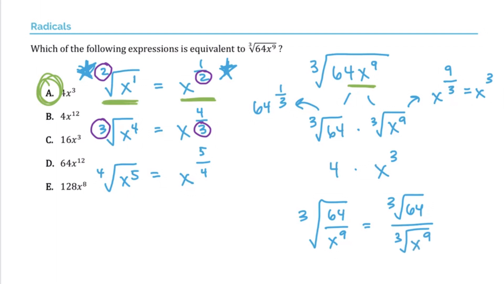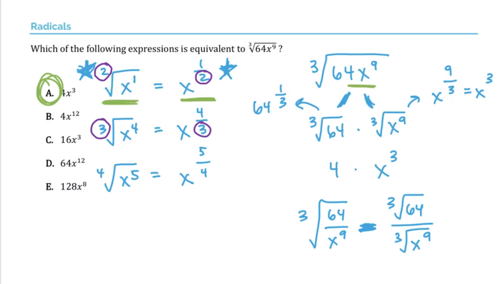So when you are multiplying or dividing under a radical sign, you are allowed to separate it. So I separated it here because it was being multiplied under the radical, and I separated it here because it was being divided under the radical.